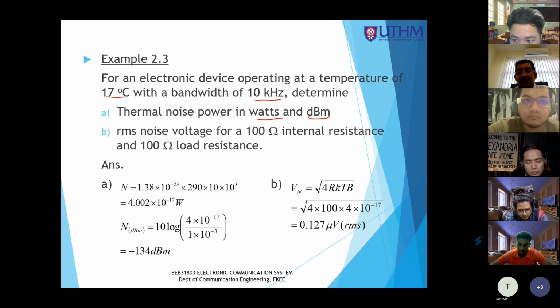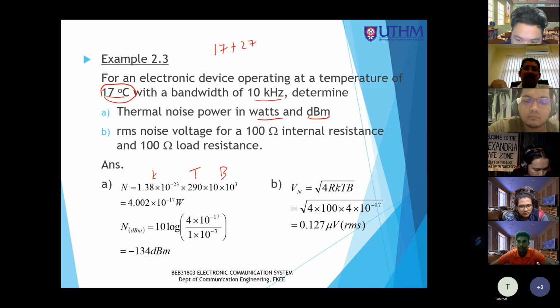Okay, so the noise power is equal to KTB, K times T times B. Remember, don't use Celsius. Jangan gunakan Celsius dalam pengiraan. You need to change this into Kelvin, so which is 17 plus 273. So you're gonna get 290 Kelvin.